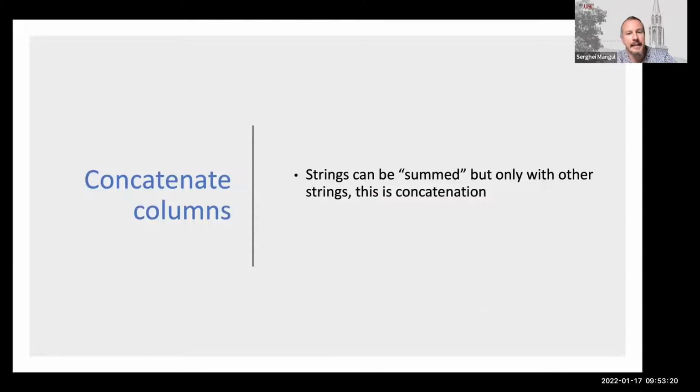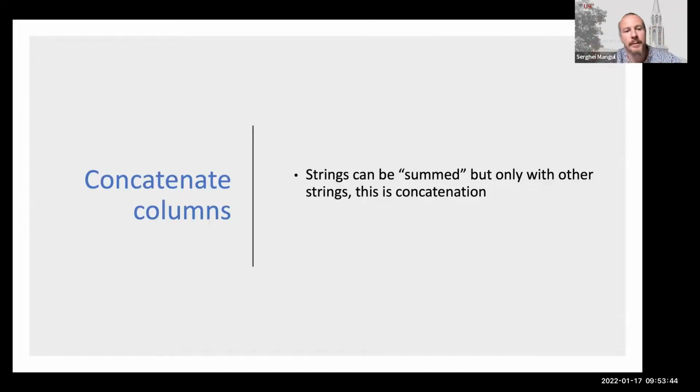Okay, so concatenate columns. If you have 2 strings, you cannot sum them up. You cannot combine tomatoes plus potatoes and get, I don't know, apples. It will not work like this. If you concatenate potatoes and, I don't know, oranges, it will be potato oranges. Those 2 things will be just concatenated.